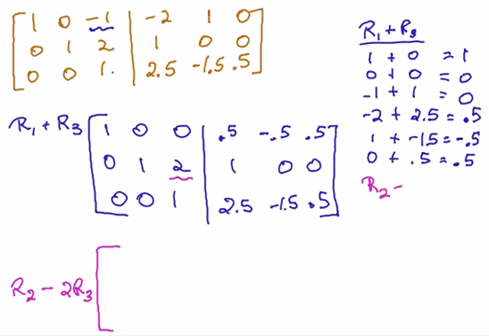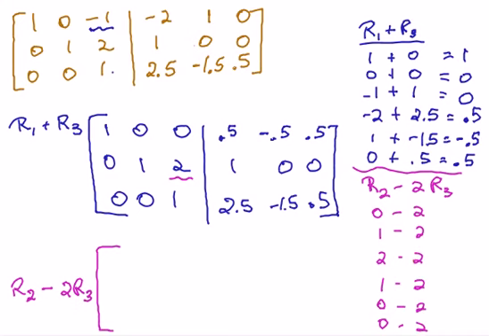So row 2 is 0, 1, 2, 1, 0, 0, and then we're going to subtract. We're going to multiply by 2 all the way down. Row 3, here we go: times 0, times 0, times 1, times 2.5, times negative 1.5, and times 0.5.